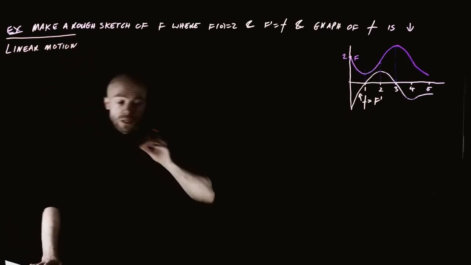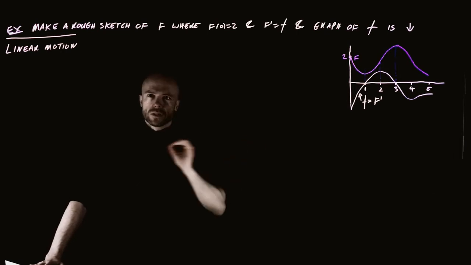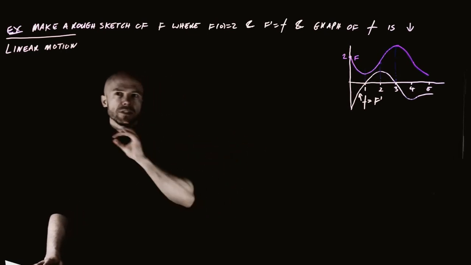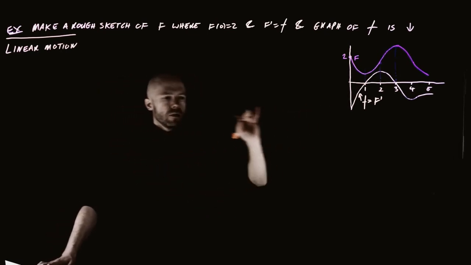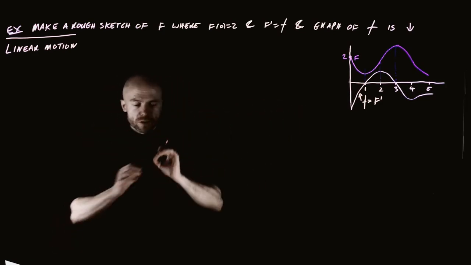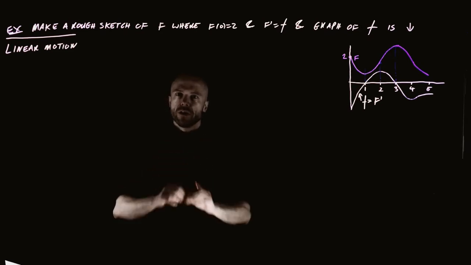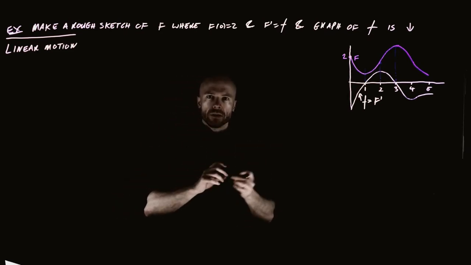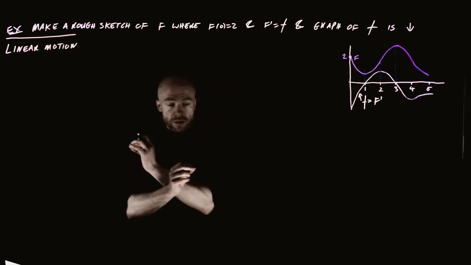Linear motion is the motion of something that moves exactly on a straight line, right? So if we have something that lives exactly on a straight line, then it can go forwards and backwards, but it's always going in a straight line. And in particular, we can describe its position with just a function. Let's say s of t, right? Because it's only living on this line.